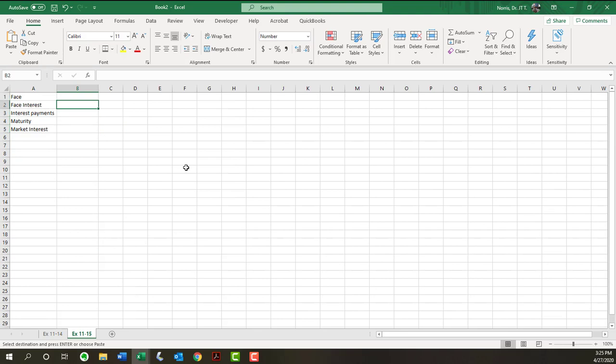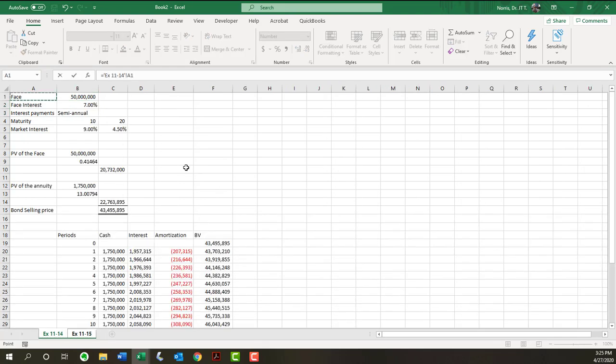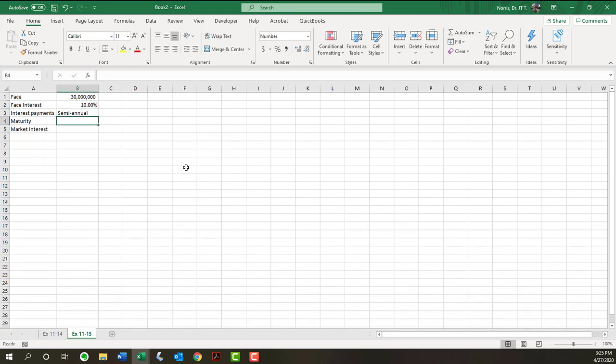So on problem number 15, we have 30 million with a face interest of 10%, also semi-annual, maturing in 5 years with a market interest of 8%.